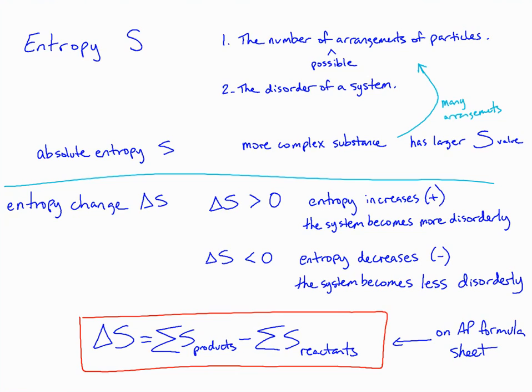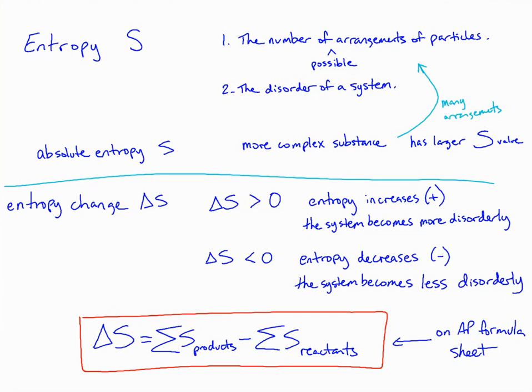So this is saying how many different ways can you move around the pieces that you have. It could also be known as the disorder of a system, or how unorganized is it, how messy can it get. And in general, the messier it gets, the better in chemistry. The more possible arrangements, the better it's going to be.